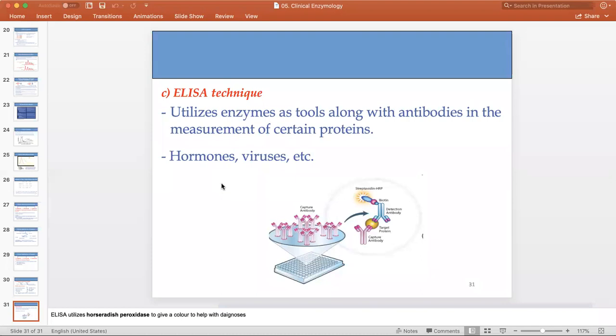So when we add a substrate, the enzyme which is attached to the antibody will convert the substrate into a product, and the product is detected either by color change or different mechanisms. So the ELISA technique utilizes the enzymes as tools along with antibodies in the measurement of certain proteins. And this is helpful in detecting certain viruses, indicating hormones, and so on.